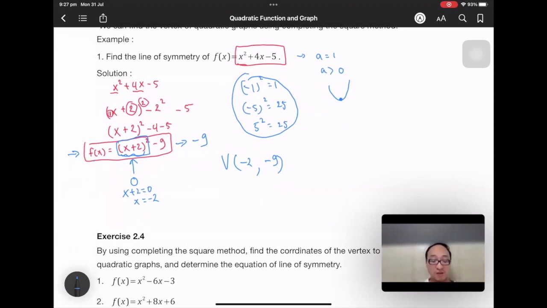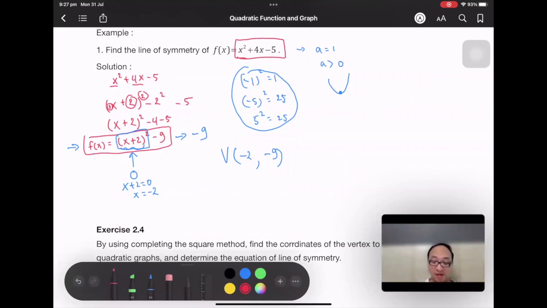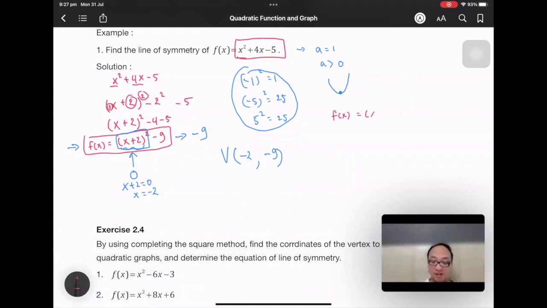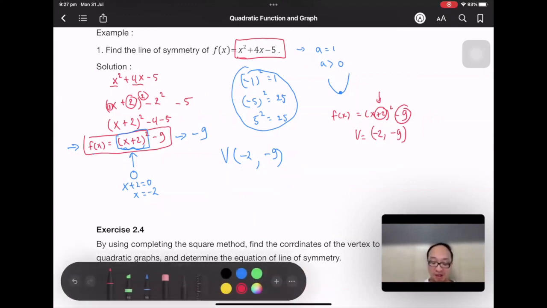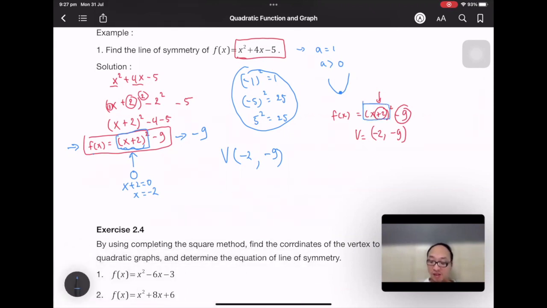From the equation f(x) equals (x plus 2) squared minus 9, the vertex is (-2, -9). It's always opposite to the value in here because we have to make this term 0, to have the minimum or the maximum vertex.